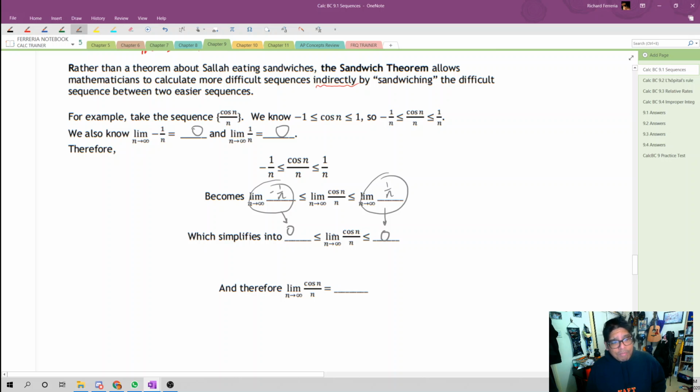And that tells us that the limit as n approaches infinity of cosine n over n is greater than or equal to 0 and less than or equal to 0. So it's got to be between 0 and 0. And there's only one thing between 0 and 0, so it has to be equal to 0. That's how the sandwich theorem works. We show the limit on the left is equal to the limit on the right, so the limit in the middle has to be the same as the limit on the left and the limit on the right.